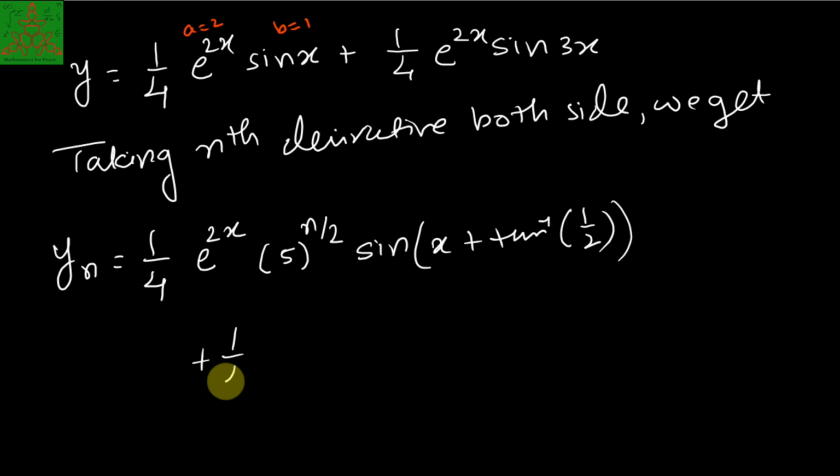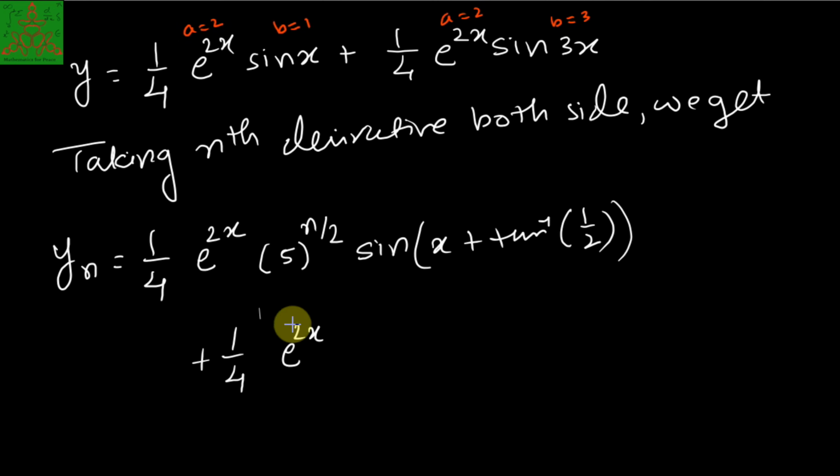Plus 1 by 4 e power 2x r. Here a is 2, b is 3. So it is 2 square plus 3 square, that is 4 plus 9. So altogether it will give you 13.